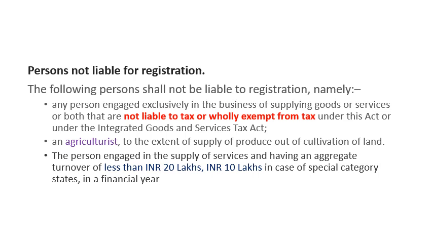So the agricultural produce must come from personal cultivation of land. Such a person is an agriculturist for agricultural produce, hence there is no GST registration. Then the person engaged in the supply of services and having an aggregate turnover of less than Indian rupees 20 lakh, or 10 lakh in case of special category states, in a financial year.